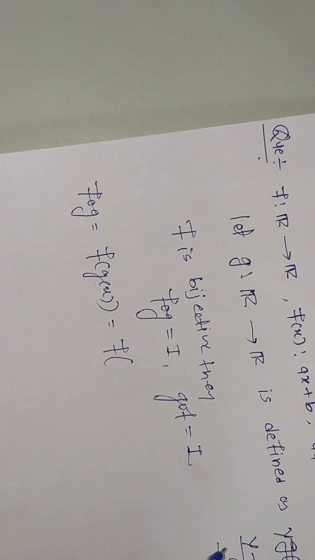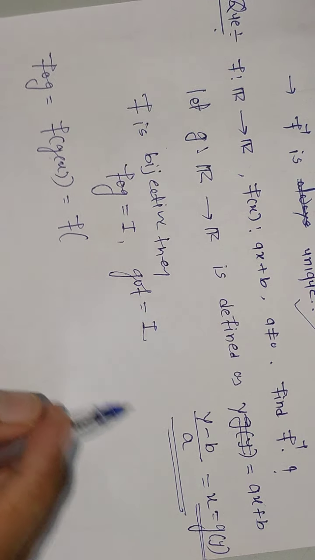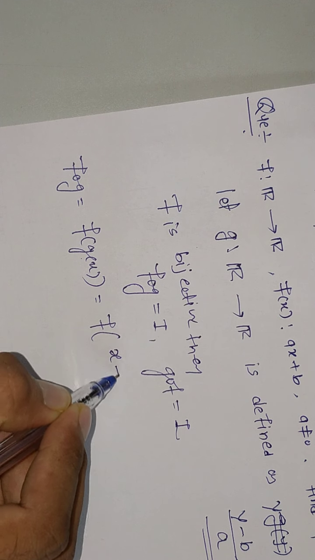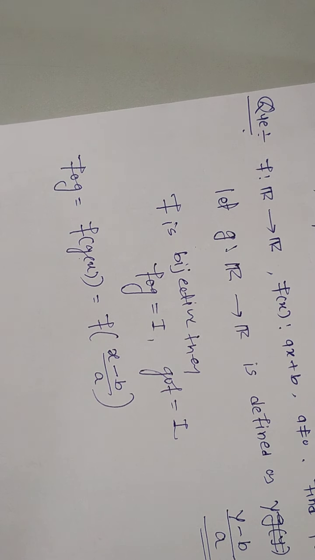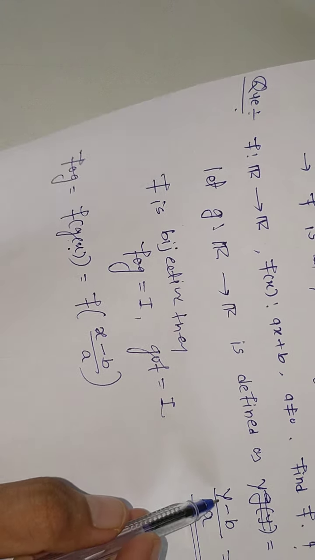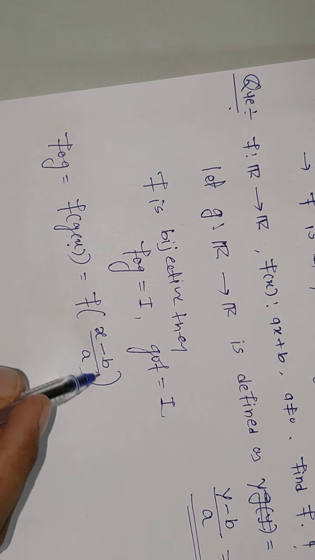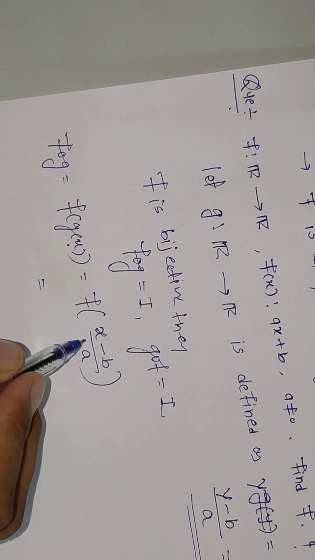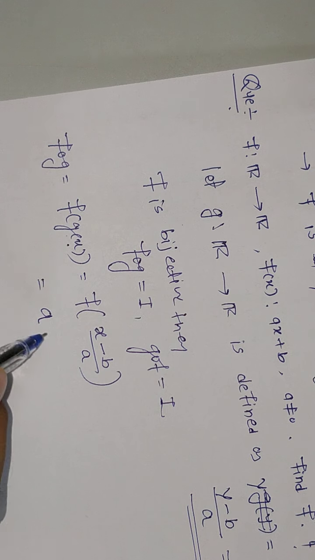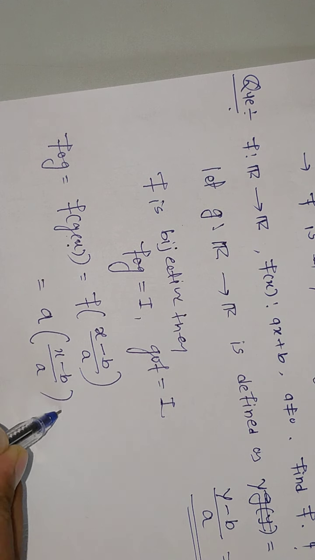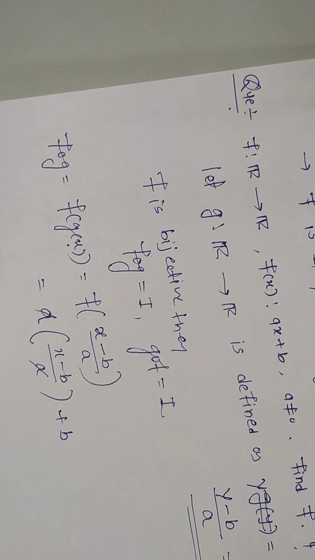I have to replace g of x by this, so I get (x minus b) upon a, replacing y with x. Now in f, I have to put x as (x minus b) upon a. f is defined as ax plus b, so I get a times (x minus b) upon a plus b. The a cancels, x minus b plus b cancels, so I get x. It means f of g of x equals x, so the identity is there.